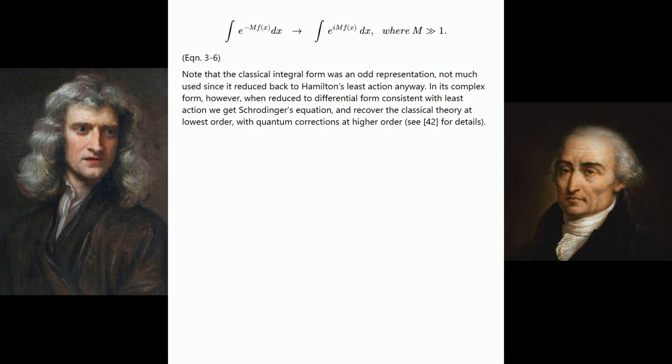Equation 3-6. Note that the classical integral form was an odd representation, not much used since it reduced back to Hamilton's least action anyway. In its complex form, however, when reduced to differential form consistent with least action we get Schrödinger's equation, and recover the classical theory at lowest order with quantum corrections at higher order, see for details.